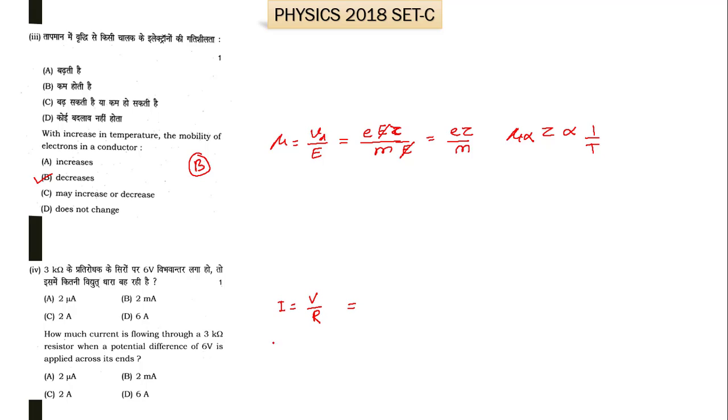Here V is 6 volt and resistance is 3 kilo ohm. Kilo means 10 raised to the power 3 ohm. So it will simply become 2 by 10 raised to the power 3, so it becomes milliampere. So 2 milliampere is the right option. So B is the right option for the fourth part, that is 2 milliampere current will flow through it.